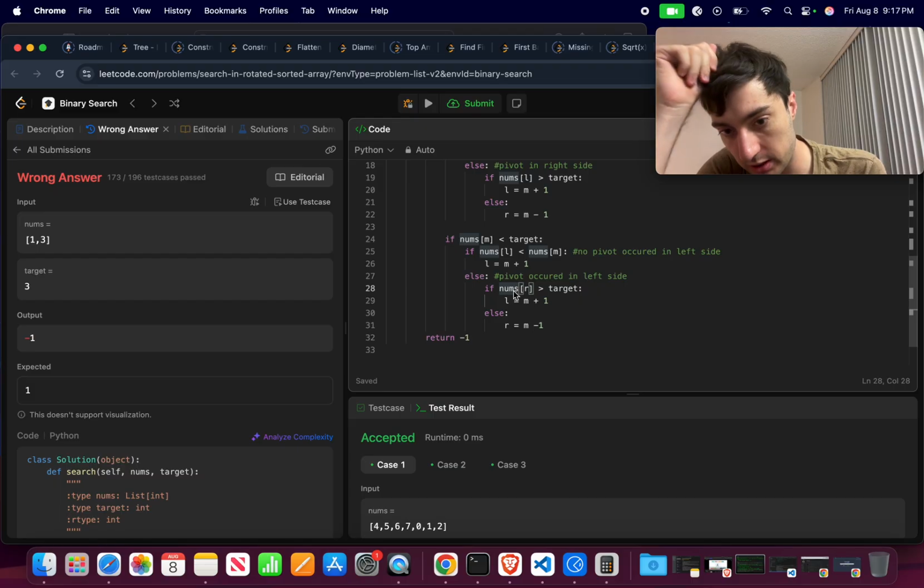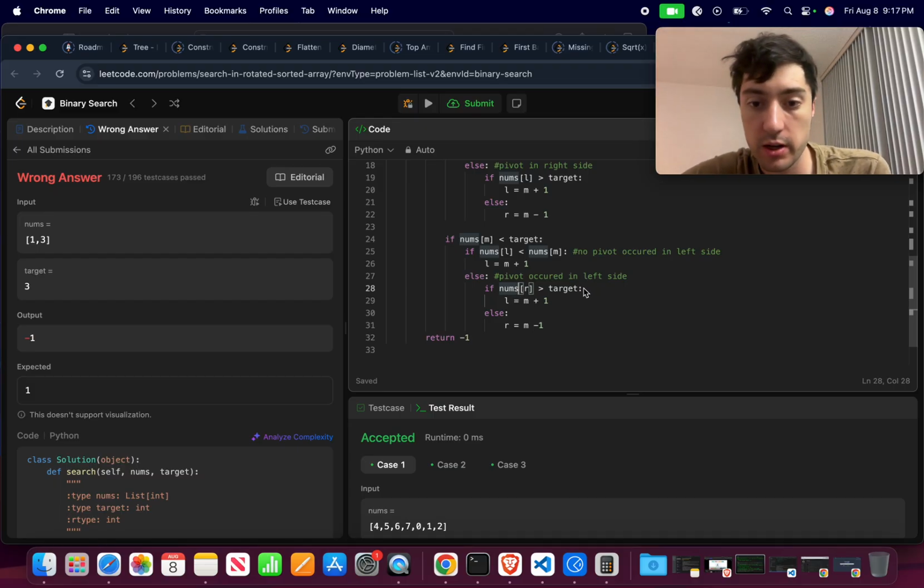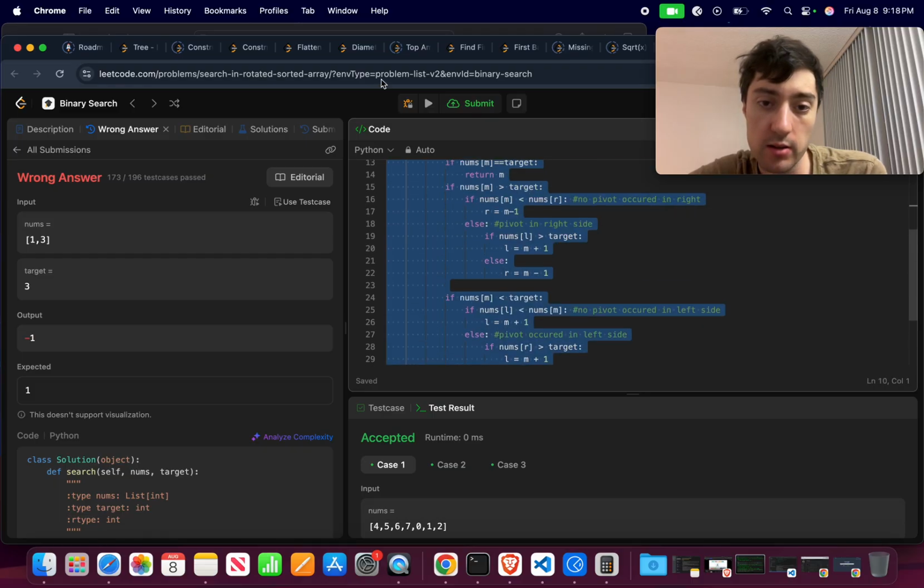So I look at the biggest number and see if that's bigger than target, right? So if it is bigger than target, then I get rid of the left. Otherwise I get rid of the right. I don't know.